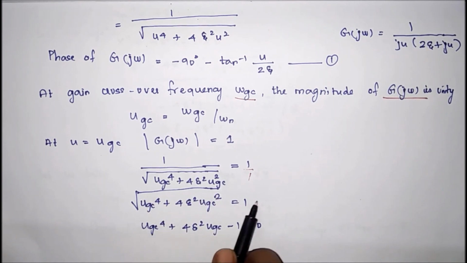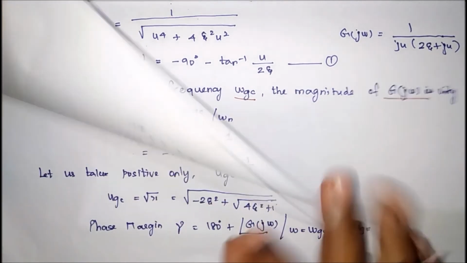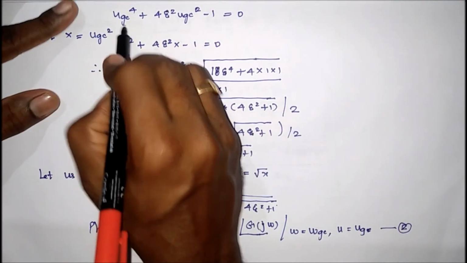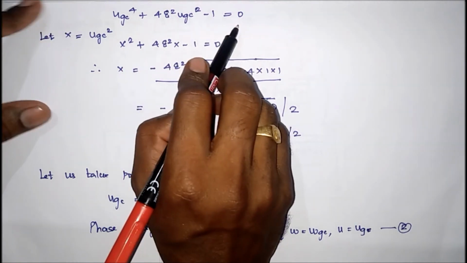Now we square both sides and bring this to the left hand side. Therefore u_gc power 4 plus 4 eta square u_gc square minus 1 equals 0.